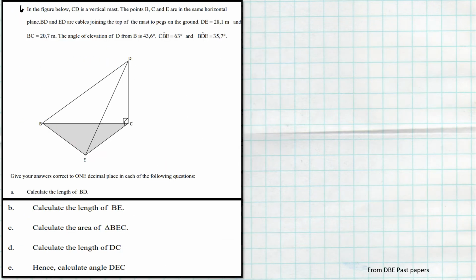Okay, let's now look at this last example. It's the last one for this session, and I just want you to learn something from it. You are given in the figure below, CD is a vertical mast. The points B, C, and E are on the same horizontal plane.